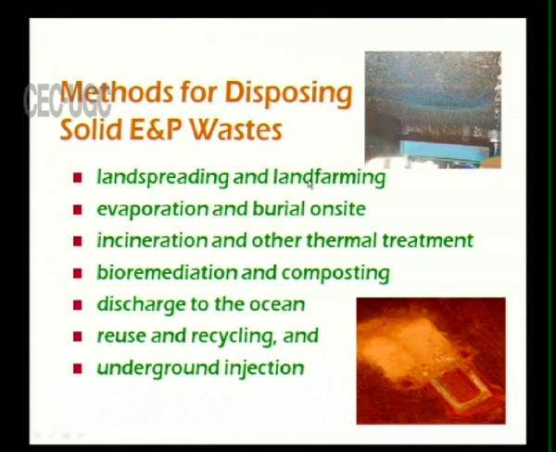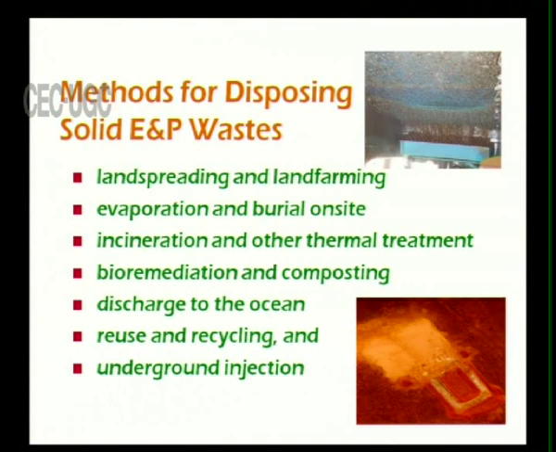So, simply we are spreading it onto the land, or sometimes it is used for land farming also. The evaporation and burial on site, the incineration and other thermal treatment. Incineration means that we are burning within the containers, and therefore they are totally destroyed. The bioremediation and composting: some biological material may go for bioremediation or may become compost also.